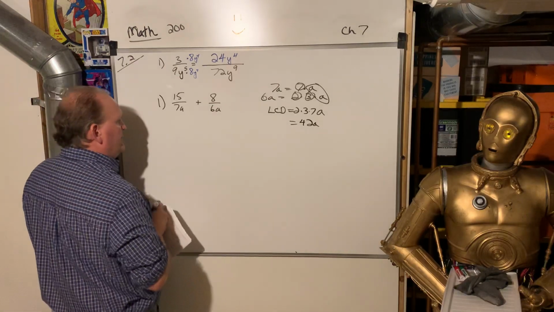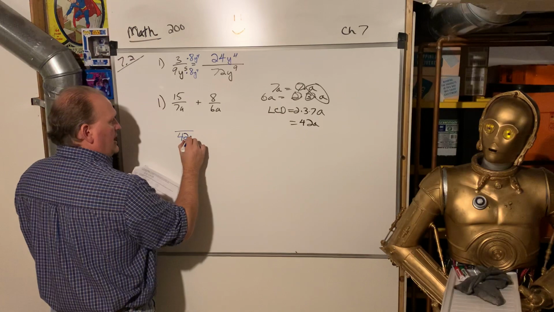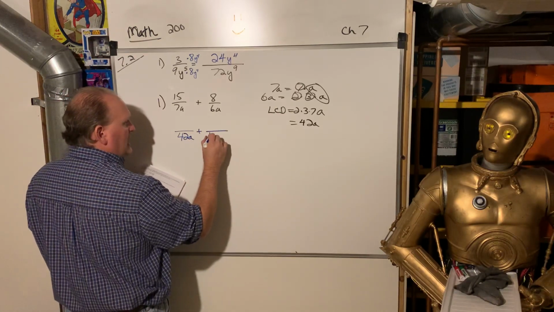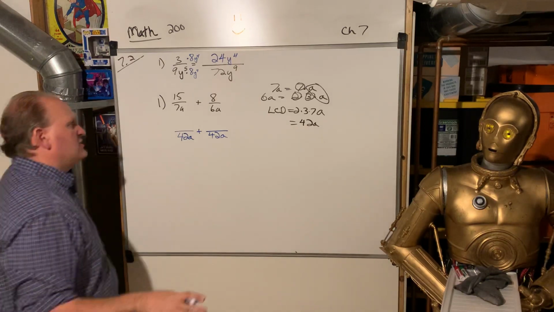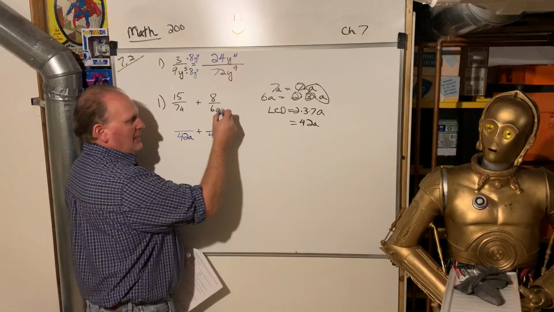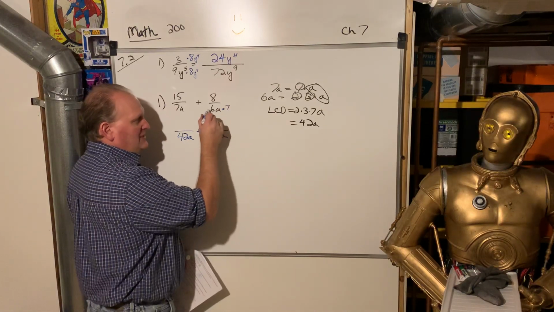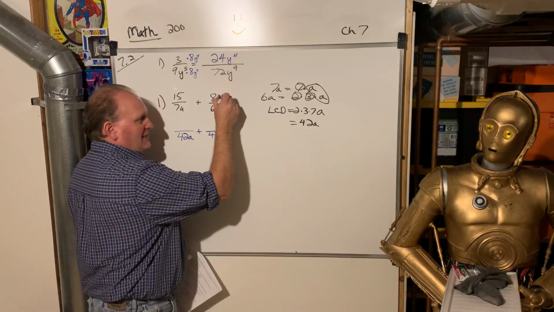So we're going to kind of go on a vision quest here. We want a 42a to happen on the bottom. And now you work backwards. So make sure to write yourself a special note. What do I multiply 6a by to get 42a? That would be 7. 7 times 6a is 42a. So if I multiply that on the bottom, I have to multiply that on the top.